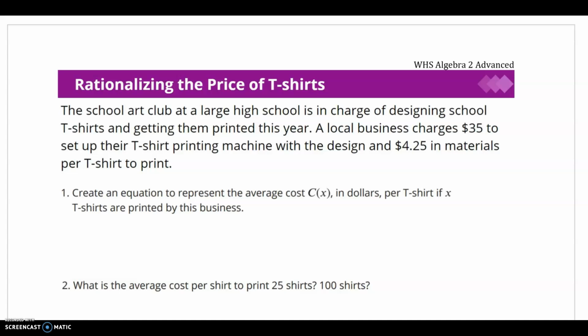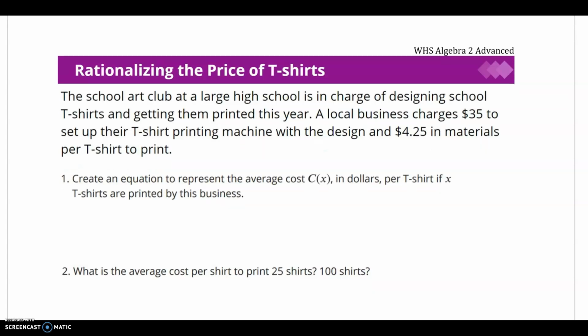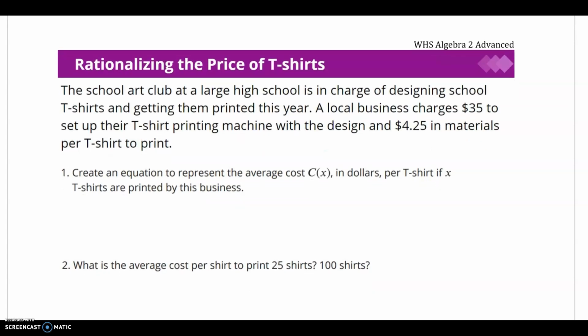business. So the School Art Club local business charges $35 to set up their t-shirt printing machine and $4.25 per t-shirt. So let's just think about that alone. So this is a linear situation, right?